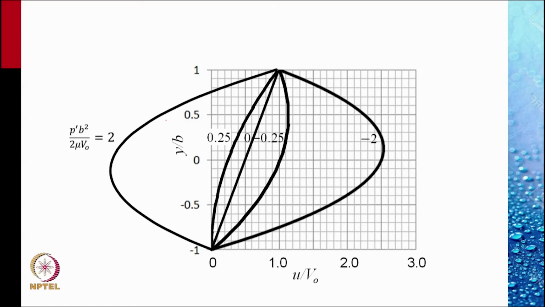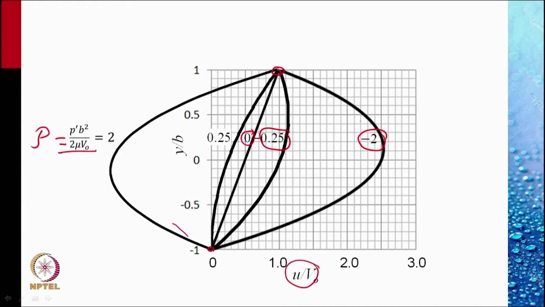The straight line curve in the middle is for script P is equal to 0, linear. The velocity u by v naught varying from 0 to 1. For the value of this parameter script P negative, that means pressure decreasing in the downward direction, for the value minus 0.25, we get this profile, and for minus 2, we get this profile.